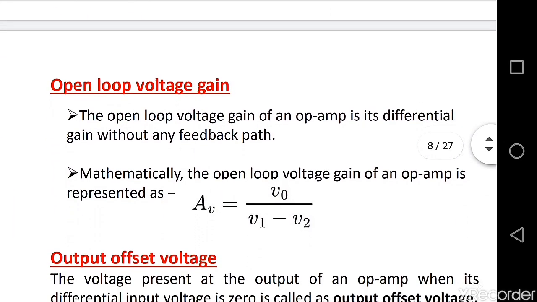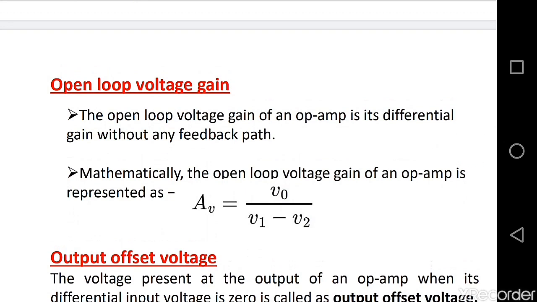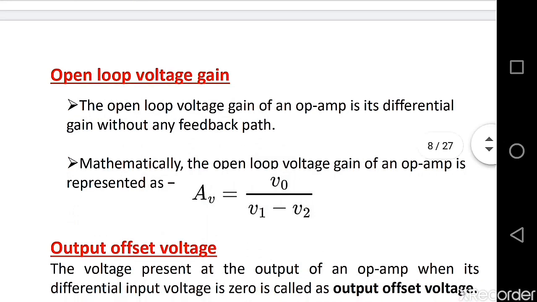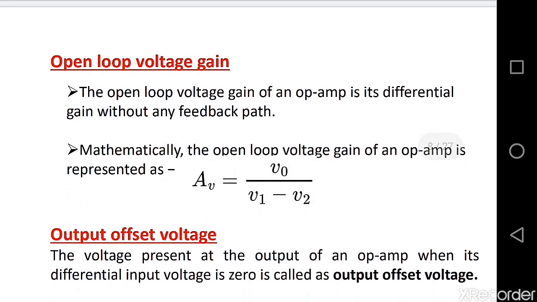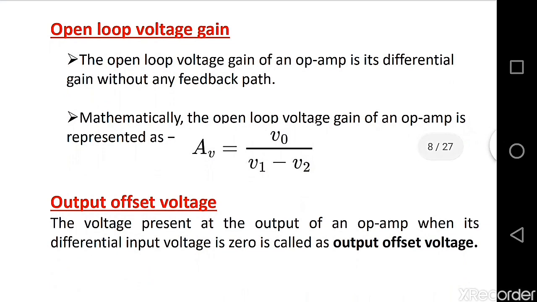The open loop voltage gain of an op-amp is its differential gain without any feedback path. Mathematically, the open loop voltage gain of an op-amp is represented as AV.